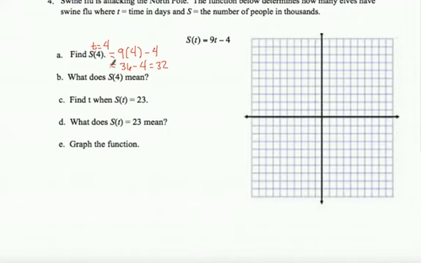So what that means is if I plugged in 4 for t, that after 4 days, there are 32,000 sick elves. And I know it's 32,000 because my output was 32 for s, and that represented the number of people in thousands.